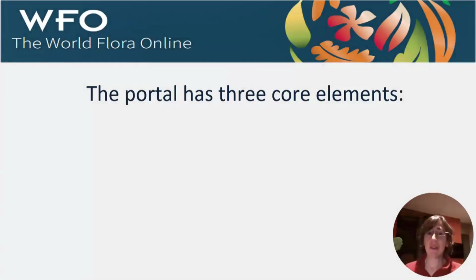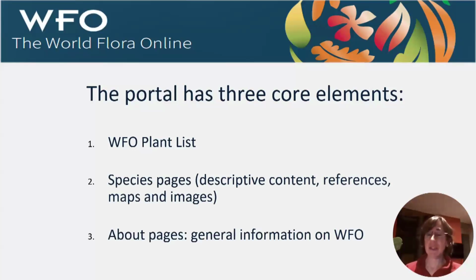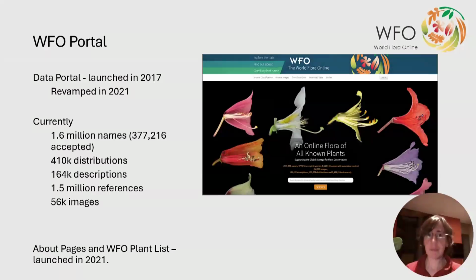The current WFO portal has 3 core elements: the WFO Plant List, species pages, which include descriptive content, references, maps, and images, and the About pages, which provide general information about WFO. The WFO portal launched in 2017 and was revamped in 2021.